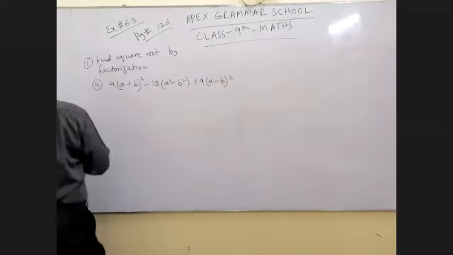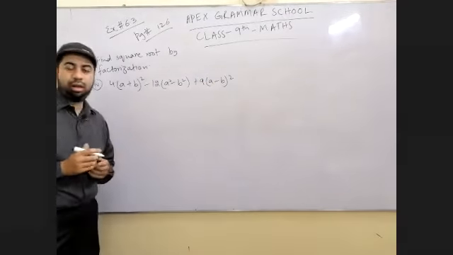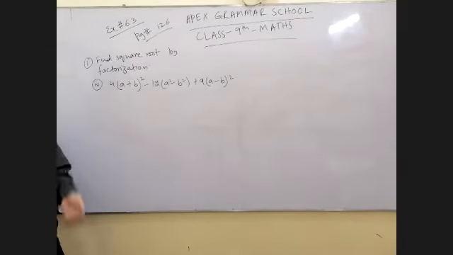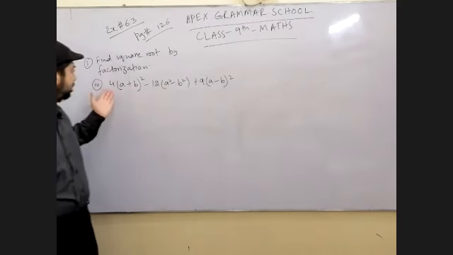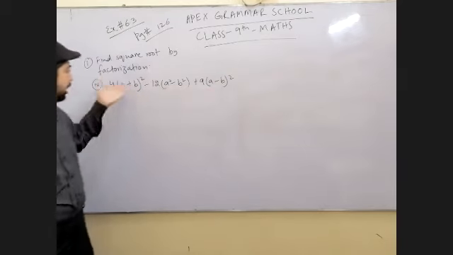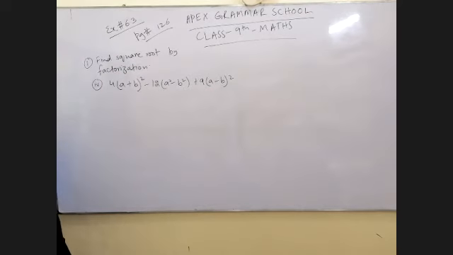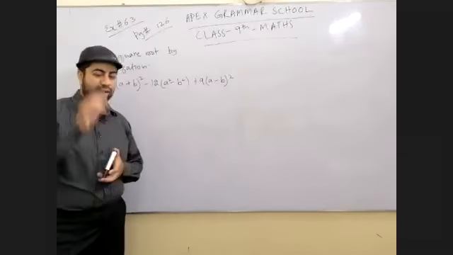Now you need to find the square root of this. Again, this is the same scenario, but you can see there's a very prolonged expression here, but this is the same situation. You need to make the whole square of it.